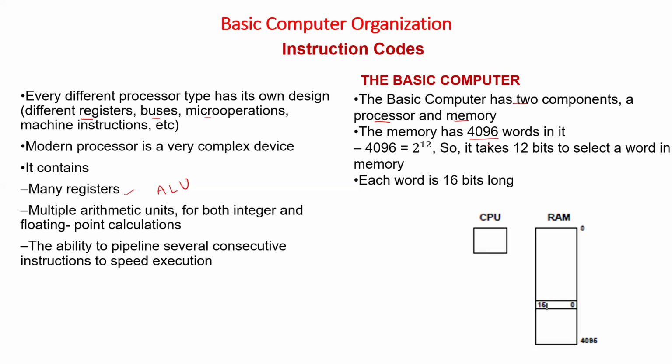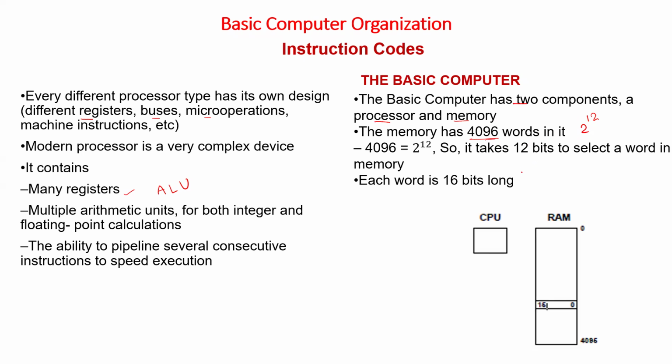Each word will be stored in a unique location, so the memory has 4096 locations. 4096 can be written as 2 to the power 12, so with a 12-bit combination we can generate the 4096 addresses, and each address will have a unique word in its location.